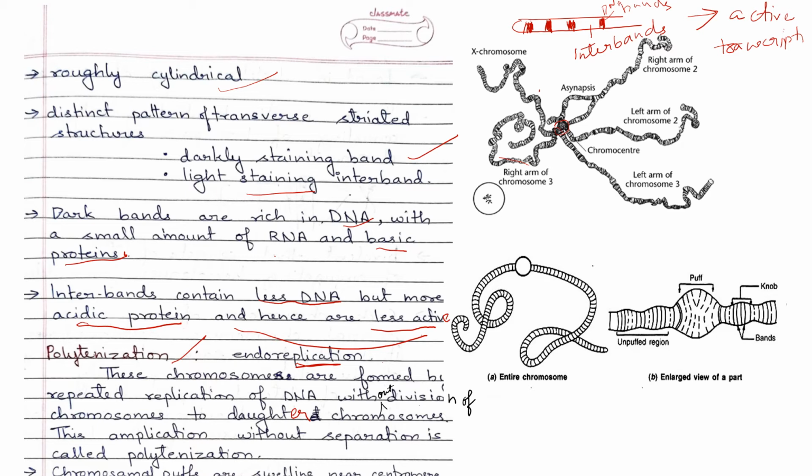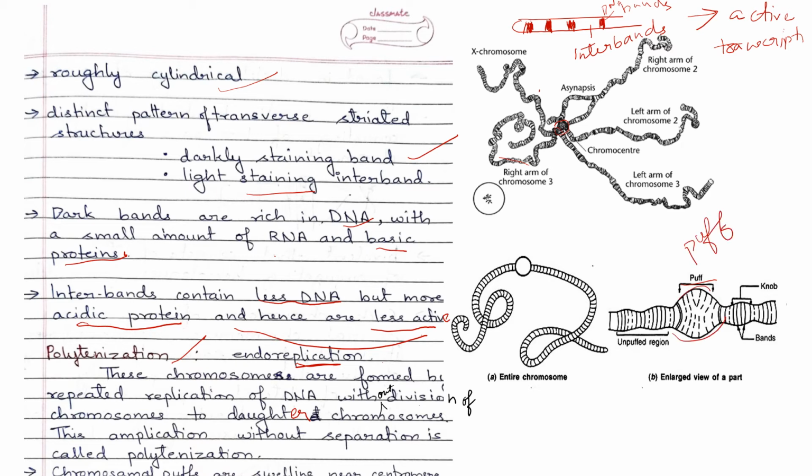Another feature of this Polyteen chromosome is the presence of chromosomal puffs. These are the chromosomal puffs, the swellings near the centromere. Near the centromere you can see a puff-like structure.